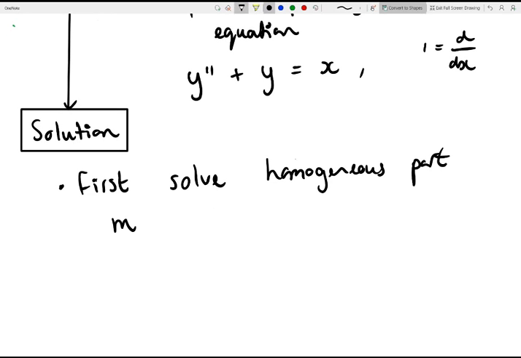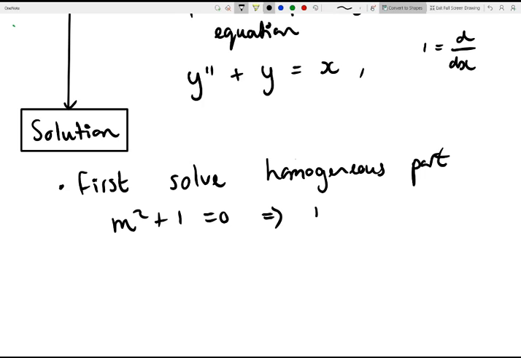Okay, so the auxiliary equation is m squared plus 1 equals 0. That's because we have a coefficient of 1 in front of y double dash and a coefficient of 1 in front of y, and we have a coefficient of 0 in front of y dash, which is why we don't have an m in our auxiliary equation.